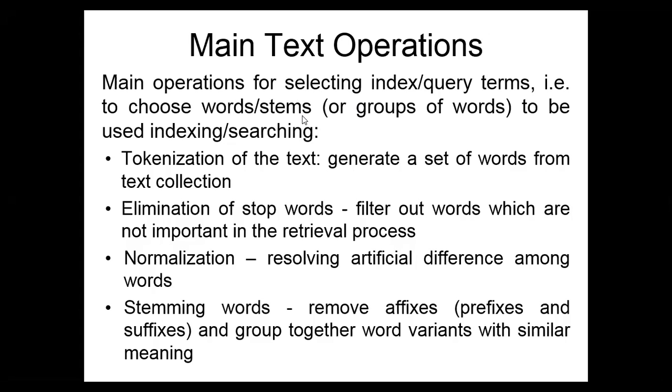We have to, first of all, identify the words that form the document under consideration. So the first thing is splitting the free text into word level. After splitting the text into word level, if you look closely at the words, there are many issues that are raised.